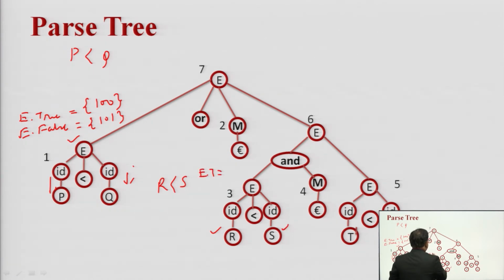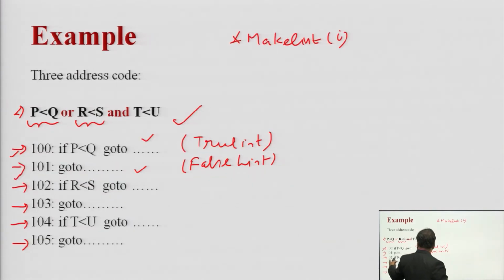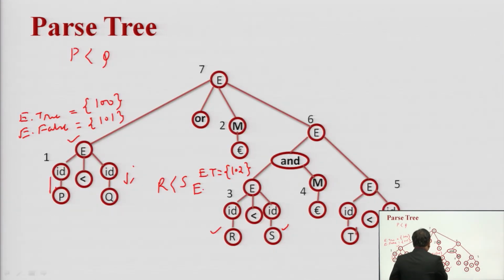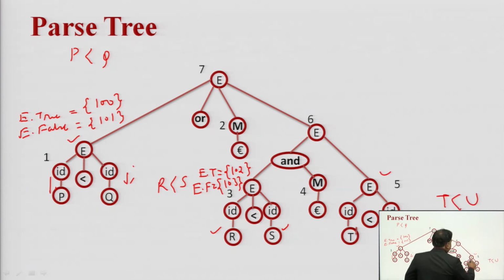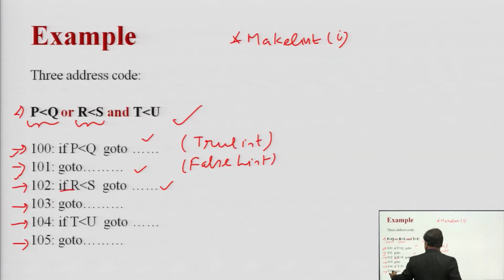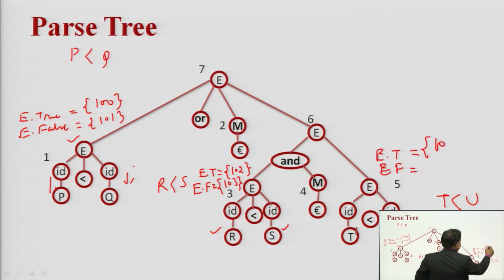E dot true list equals 102, because the true list is at 102, and E dot false list equals 103. Similarly for T less than U: again E derives ID relation operator ID, with ID deriving T and ID deriving U. Again I can find the E dot true list and E dot false list, which are 104 and 105. The true list is at 104 and the false list is at 105.